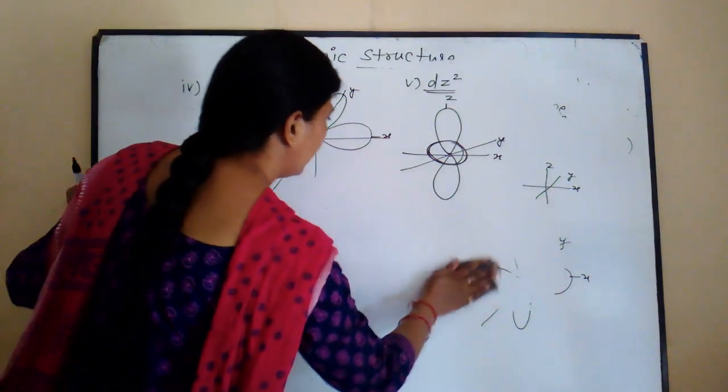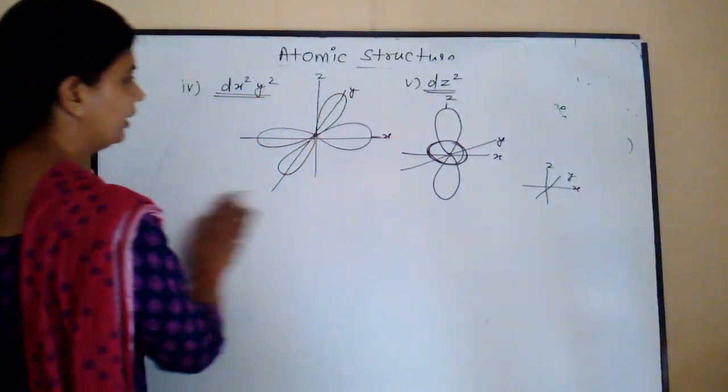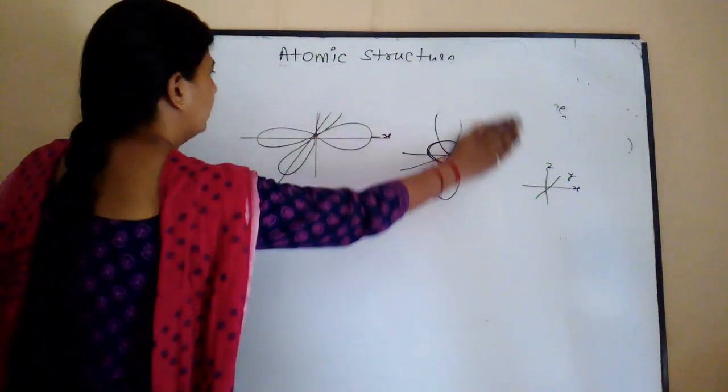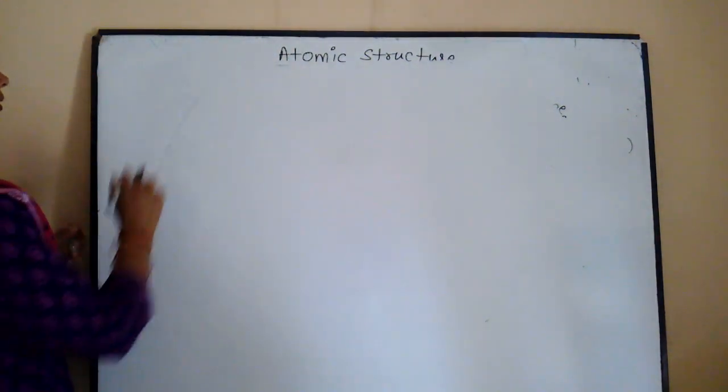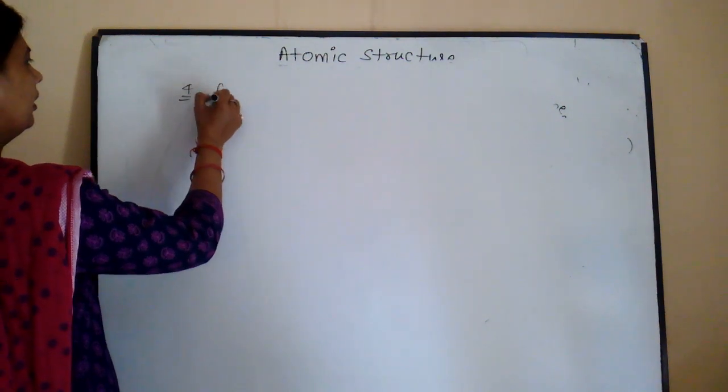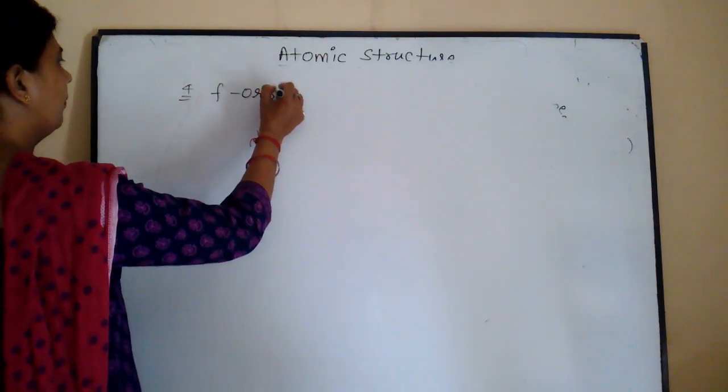After this, the last one is the f orbital. Fourth one is f orbital.